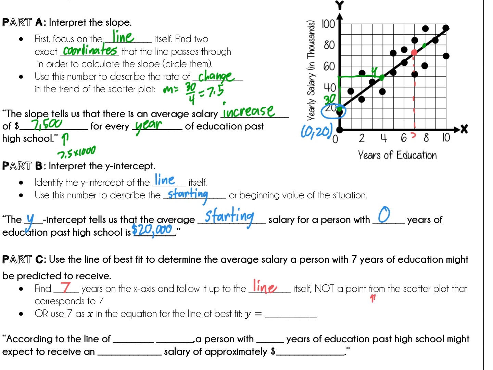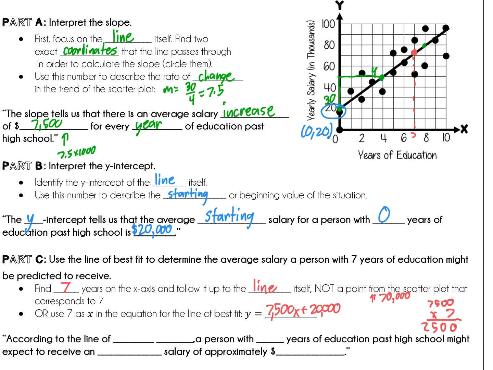Alternatively, we could use the 7 as x in our equation for the line of best fit. We know that our line of best fit has a slope of $7,500 and a y-intercept of $20,000. So we can plug our m and our b into slope-intercept form and get y equals 7,500 times x plus 20,000.